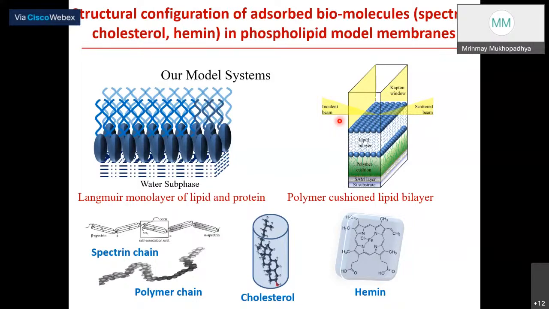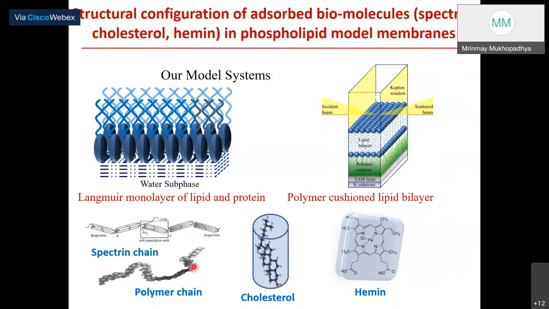It's not a real cell environment, but it's trying to understand the specific interaction mechanism of a lipid molecule with a protein or cholesterol or hemin. So what we have done here, we have chosen 3 molecules.